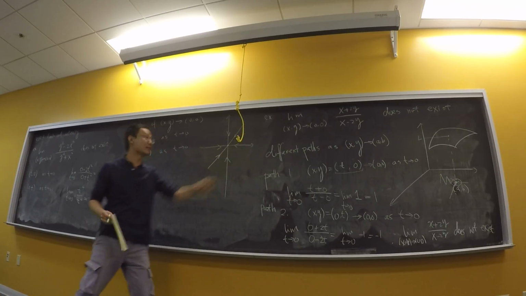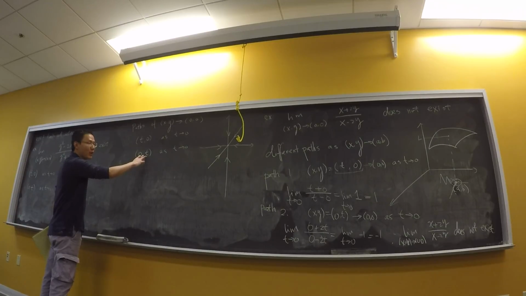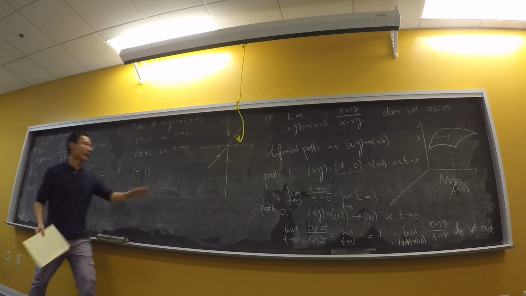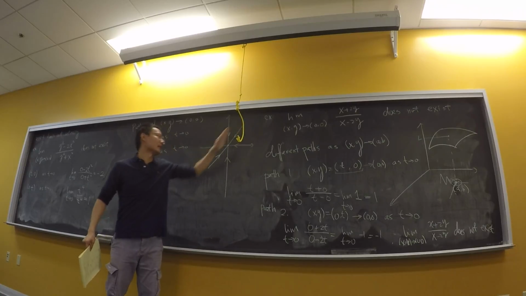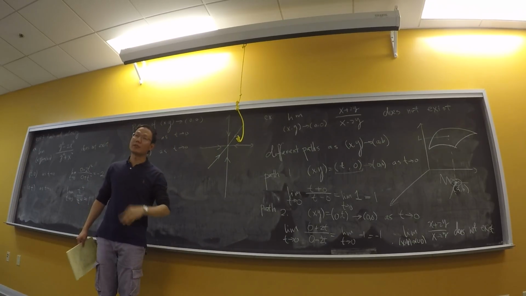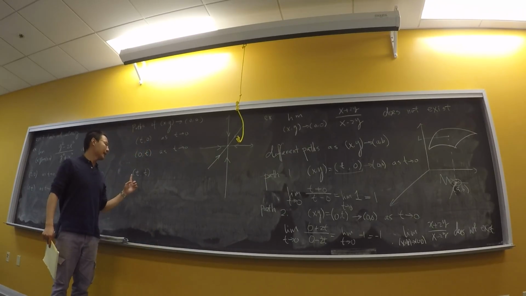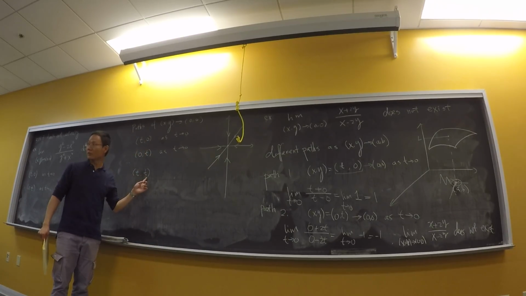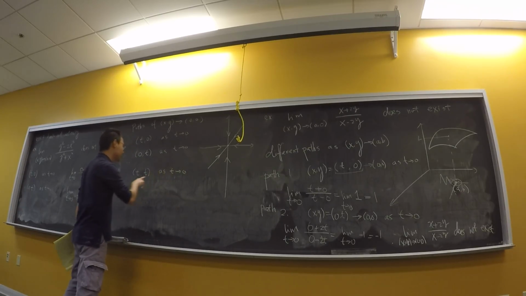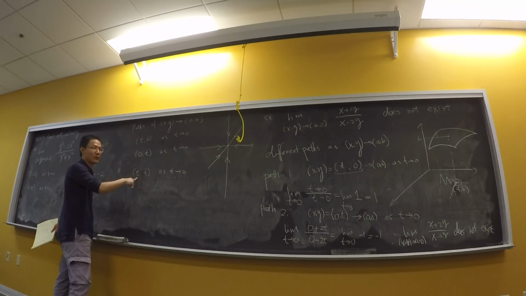So essentially, if I want to introduce one new parameter t, this path is going to be (t, t), all right? So this path has the straight line as its graph. So the equation is y equals x, which is essentially saying you need one parameter to make x and y equal, right? So as t goes to 0, this will be a path passing through the origin as well.